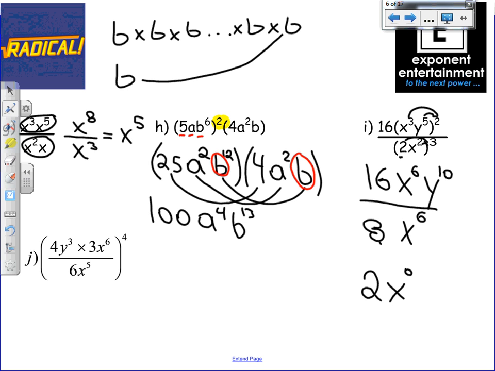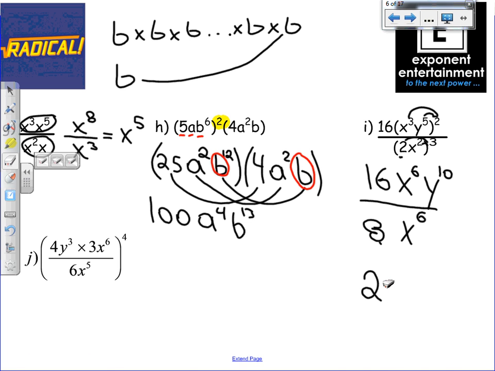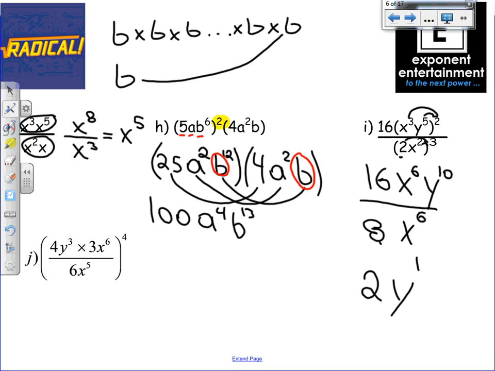You wouldn't write in a 1 as a coefficient, you don't put anything in. So then you just have y to the power of 10. When you have something to the power of 0, it's just 1. Do we write 1 in as our coefficient? Nah, it's a waste of space. So the answer is just 2y to the power of 10. Liam.